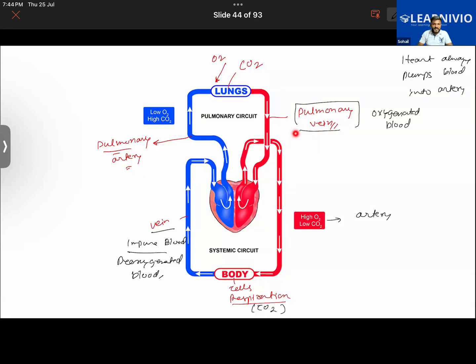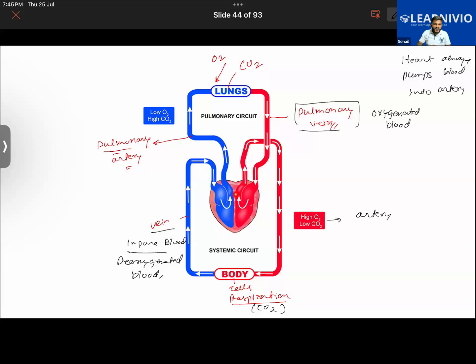But here it is carrying oxygenated blood. Also, the veins are those blood vessels that would be bringing blood to the heart. So notice over here, blood is coming via the pulmonary vein to the heart.